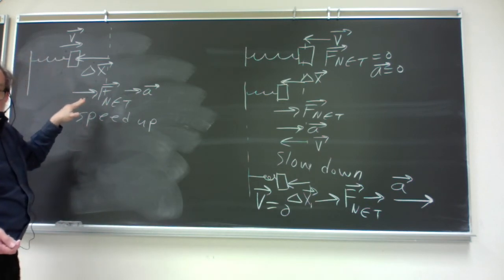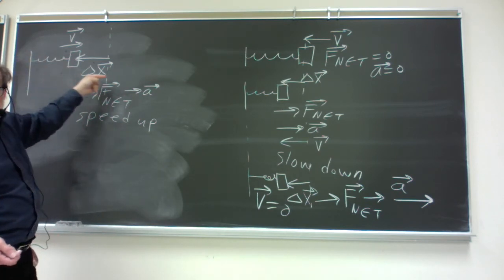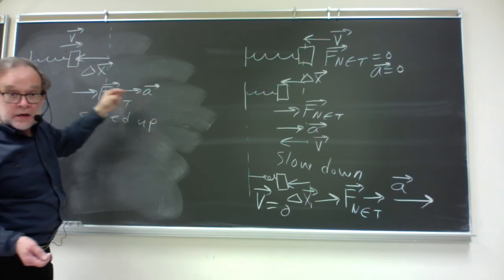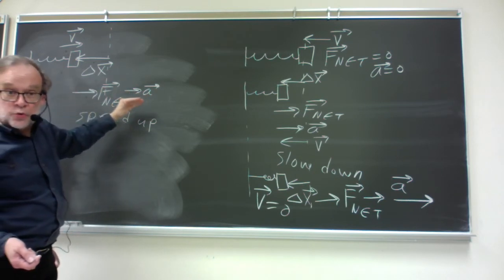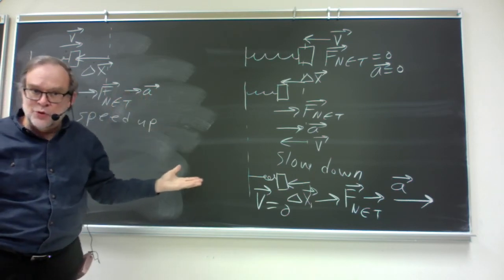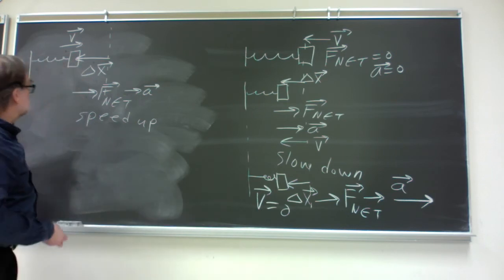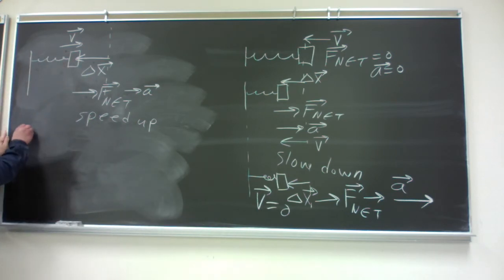Same kind of thing here. The mass is moving back towards equilibrium, and it feels a net force that points toward equilibrium, so it speeds up again, until finally it gets back to equilibrium.